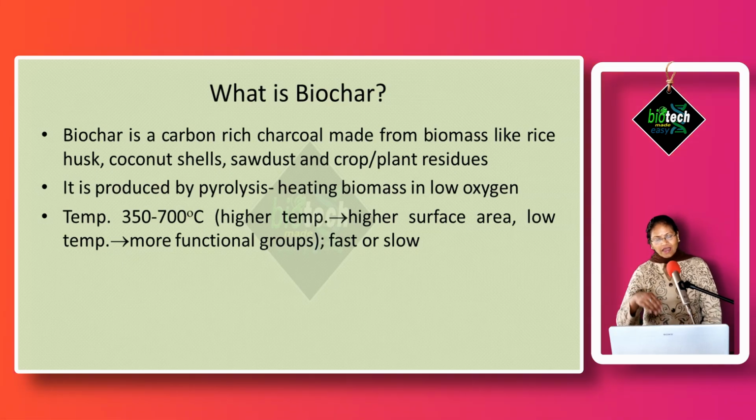When the temperature is higher, towards 700, the higher surface area type of biochar is formed, and when a low temperature is used for making the biochar, then more functional groups are present on the biochar surface. So what temperature you are using for making the biochar influences the quality of the biochar.